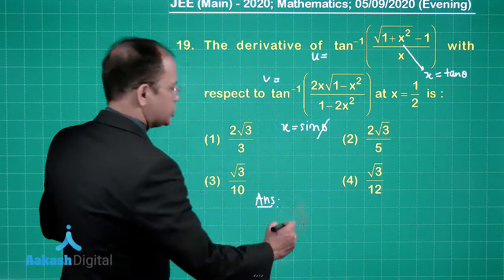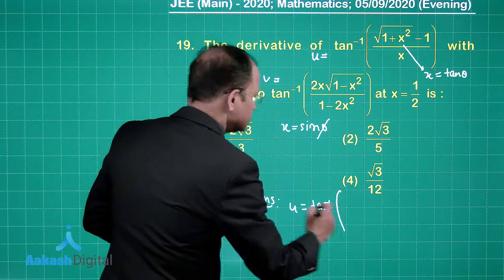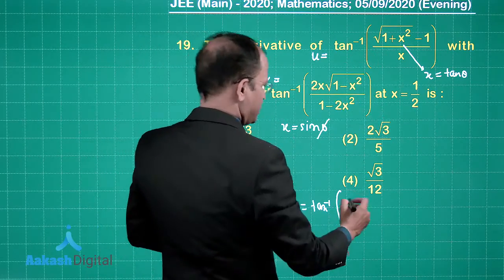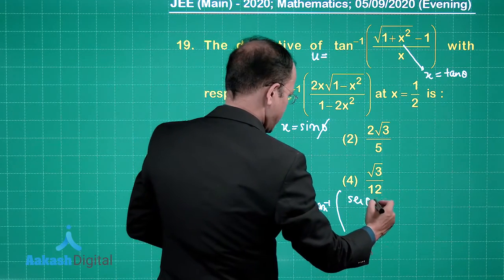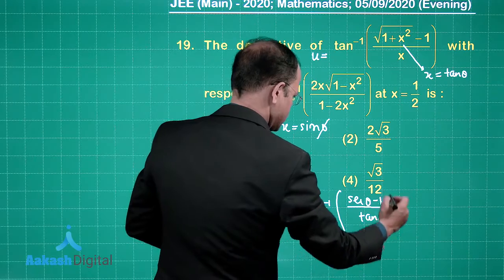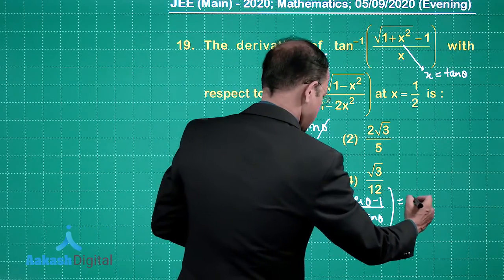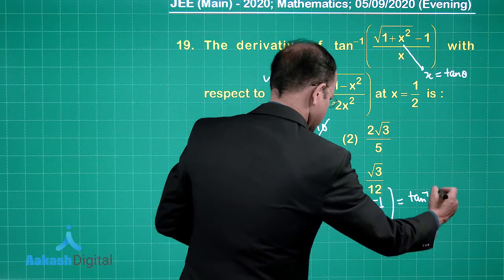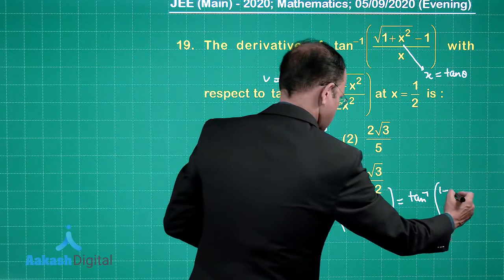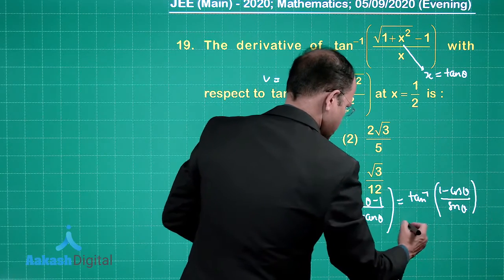So that means u is equal to tan inverse of under root of 1 plus tan square theta, that is sec theta, minus 1 upon tan theta, right? This is what we have, and this can be written as tan inverse of 1 minus cos theta upon sin theta.